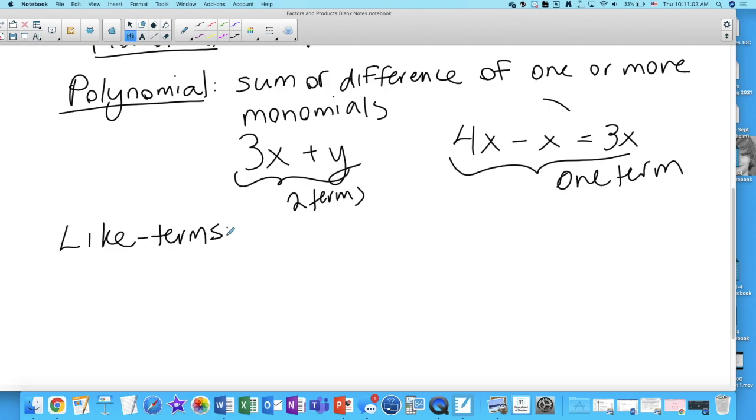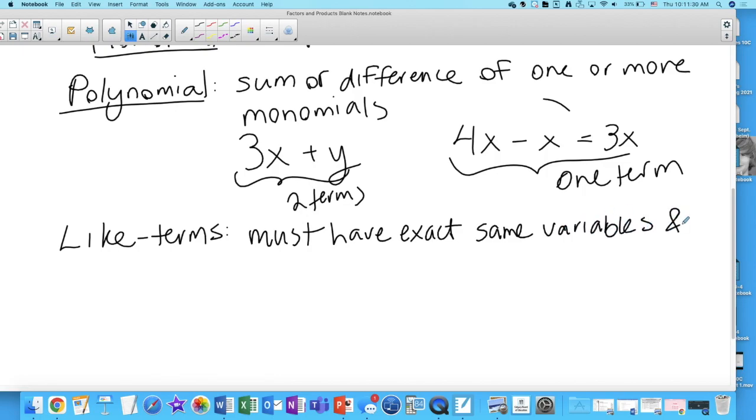Like terms must contain the exact same variables and the exact same exponent on each, I should say, corresponding variable.